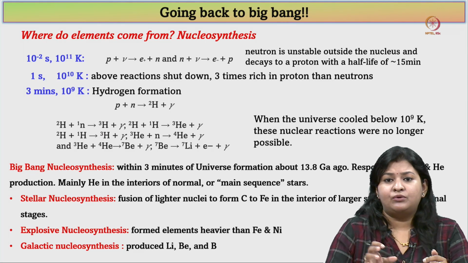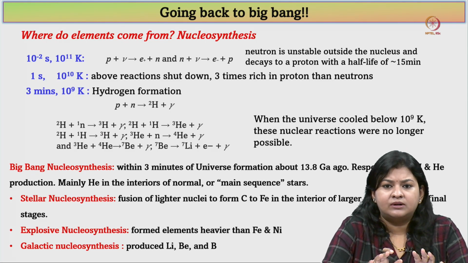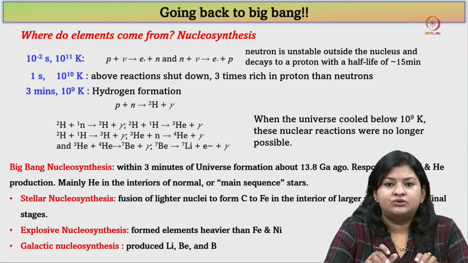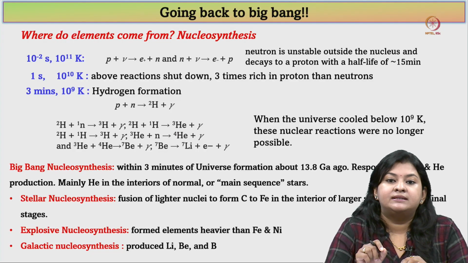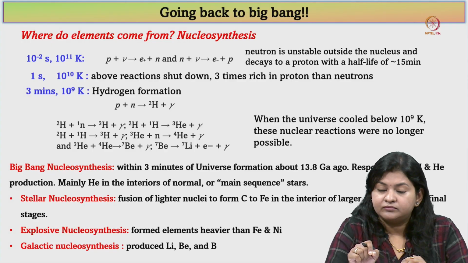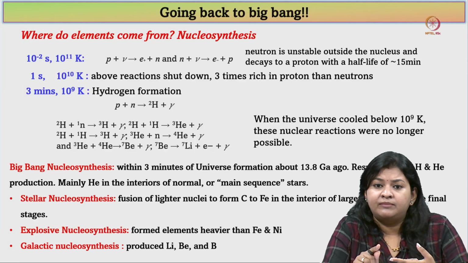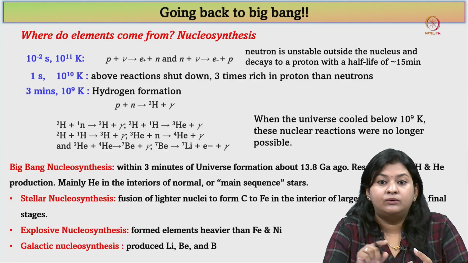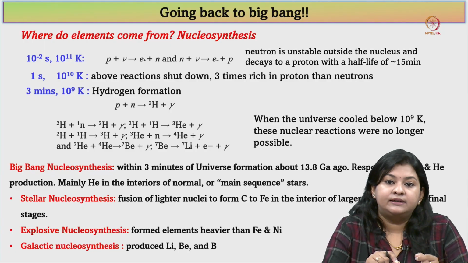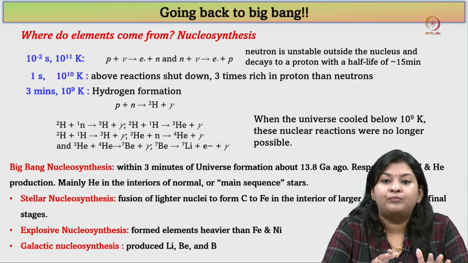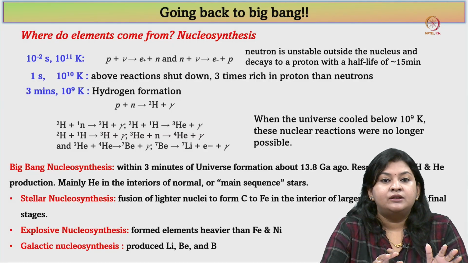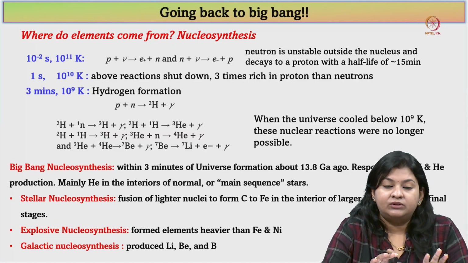If you want to go into details, please look them up, but I am just going to give you an overview of how certain elements are getting formed and why some of them are unstable, and therefore go into radioactivity, keeping it related to the scope of this course. So, very briefly about nucleosynthesis.